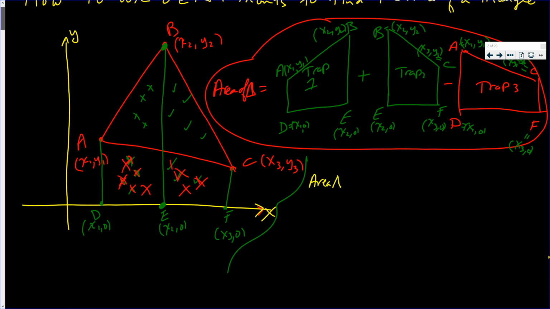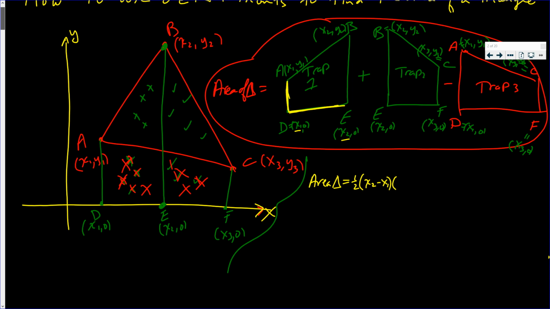So the area of the triangle is, well, we're supposed to write half first. The half times the height, which is x2 minus x1, times the sum of the two heights.